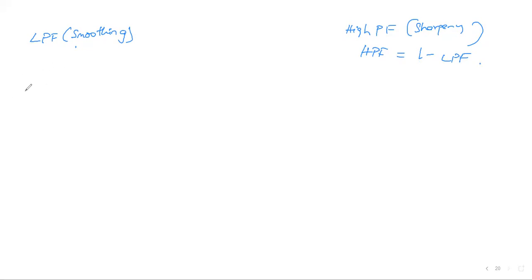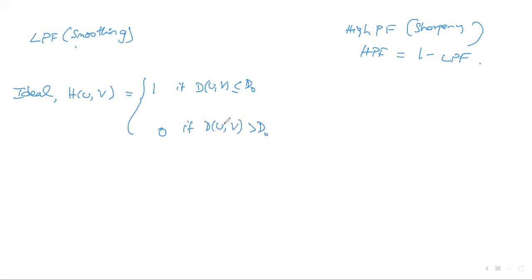In low pass filters, we have the ideal low pass filter. The ideal low pass filter is defined as H of u comma v equal to 1 for D of u comma v, the frequency component, less than or equal to the cutoff frequency D naught, and 0 if D of u comma v is greater than D naught.